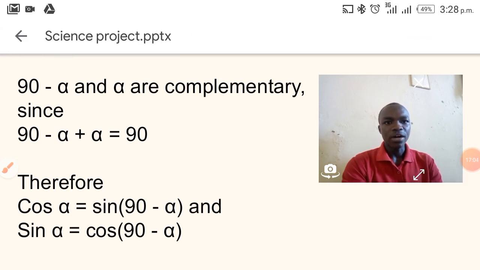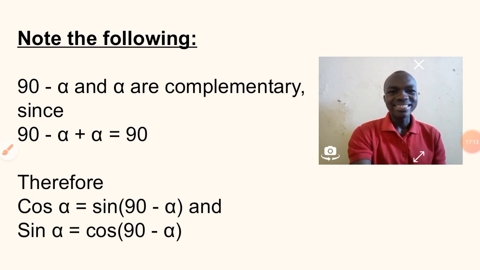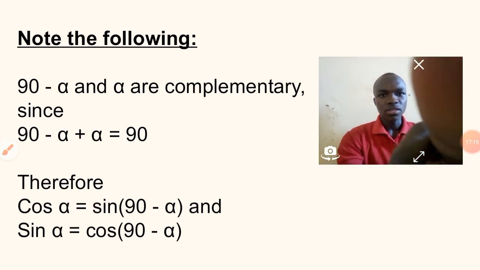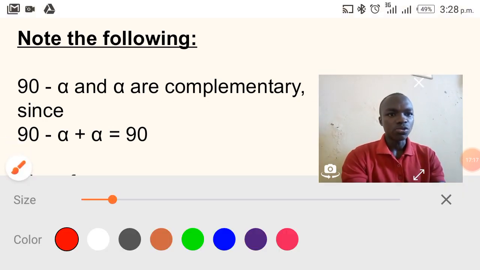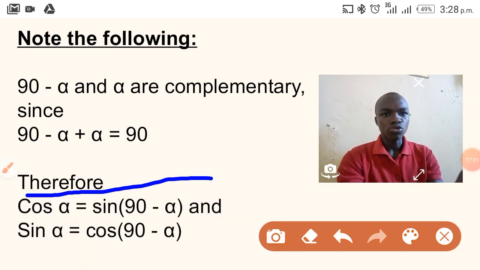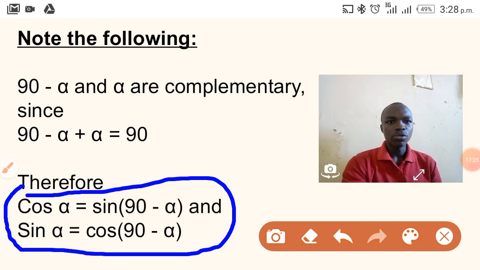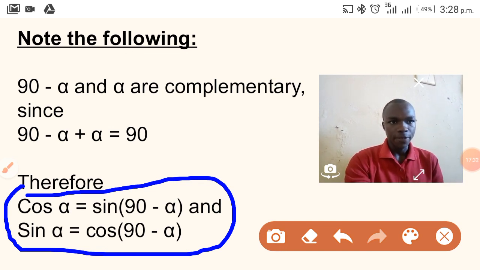cos alpha is equal to sine of 90 minus alpha, and sine alpha is equal to cos of 90 minus alpha. Please take note, we are going to be using this rule. This is very, very important. Remember what I said here: 90 minus alpha and alpha are complementary.